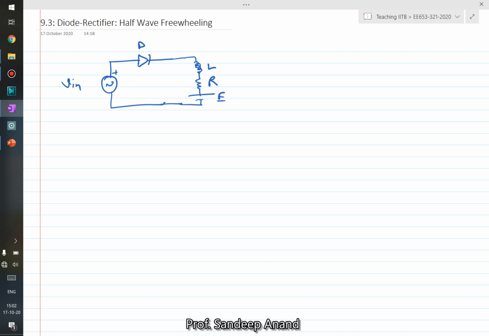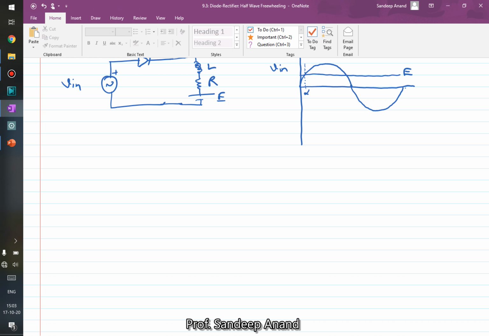So if we redraw the waveforms for this particular circuit, this is how the voltage waveform V in looks. Let's say this is the back EMF E, and we defined alpha, which is the angle at which the diode would start conducting.